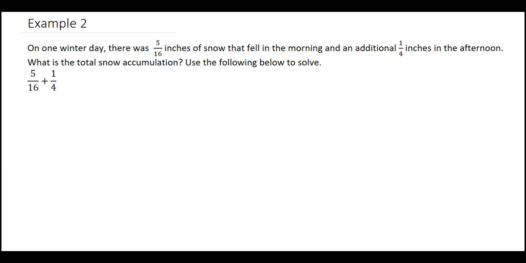Example 2. On one winter day, there was 5/16 inches of snow that fell in the morning and an additional 1/4 inches in the afternoon. So what is the total snow accumulation? We have 5 over 16 plus 1/4. This is when we can see that our least common denominator is going to be 16.